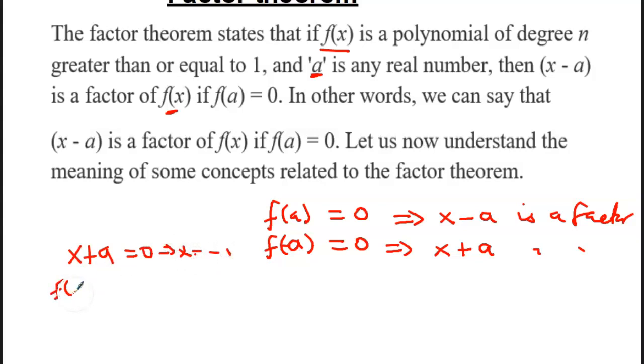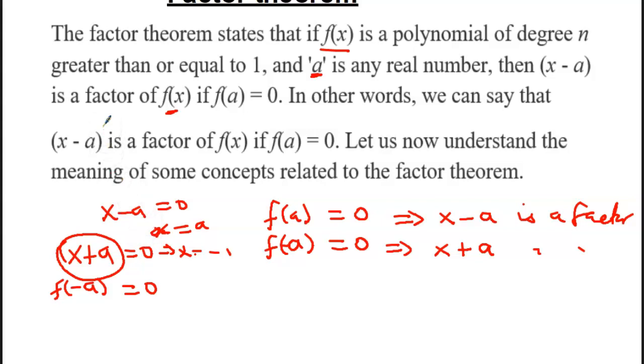When you put it in the polynomial function, if f of minus a is equal to 0, then it means that x plus a is a factor. In the same way, if you have x minus a, you equate the divisor to 0, x is equal to a, and you put it in the polynomial, if the remainder is 0, then we conclude that x minus a is also a factor.